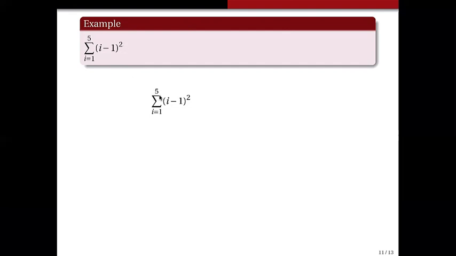So, sum of i minus 1 quantity squared, i running from 1 up to 5. The first thing to do here is to expand this square thing. So, i minus 1 squared, that's i squared minus 2i plus 1. Correct?